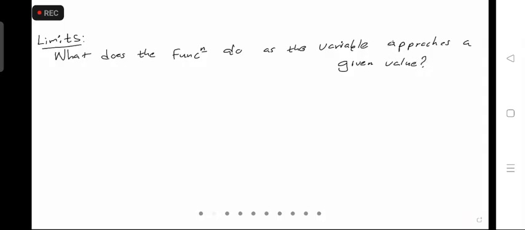So in limits, this is what we are going to do. What does the function do as the variable approaches a given value?